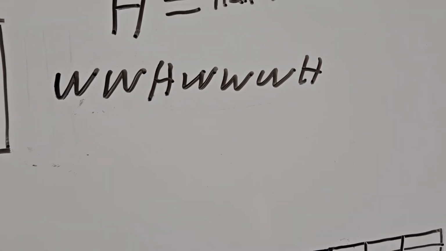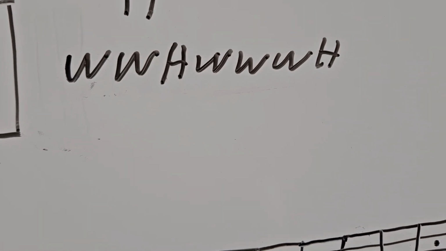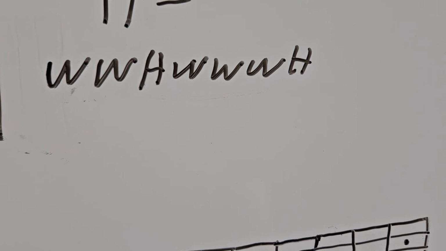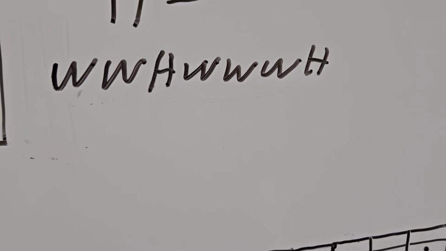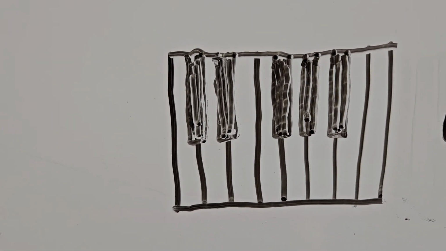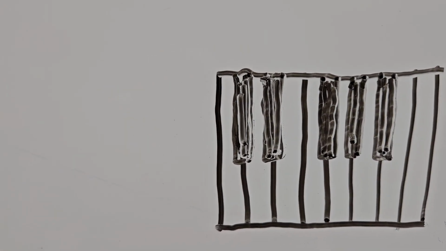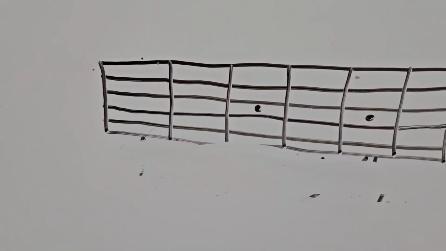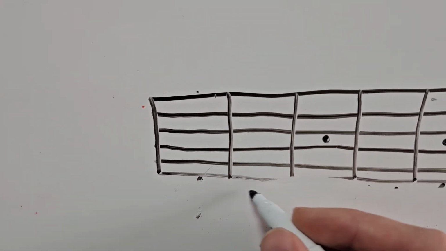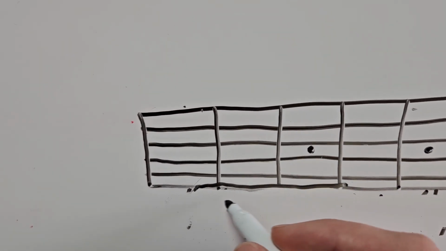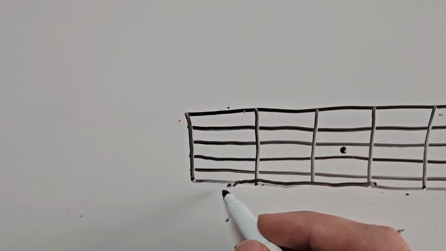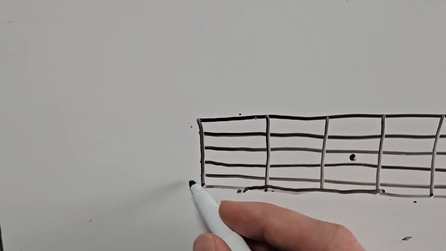Now going back to our diatonic scale pattern, which is whole, whole, half, whole, whole, whole, whole, half. Say that 9 times fast. When we write that out, we get a major scale pattern. So just for fun, let's start on the open string.